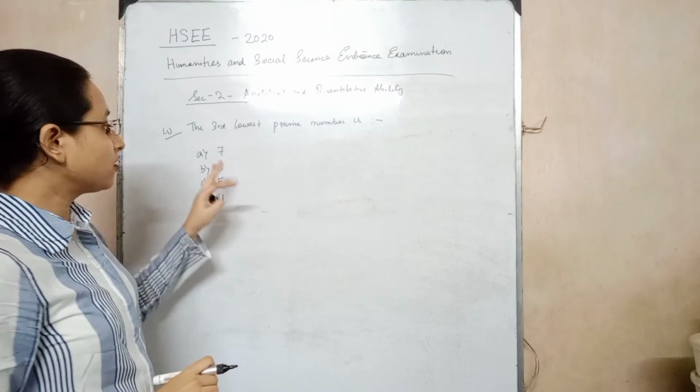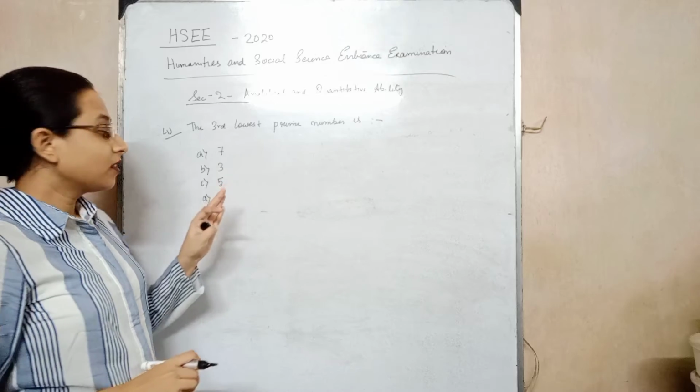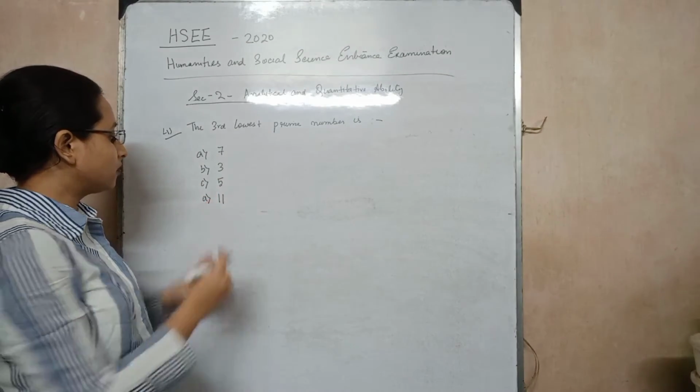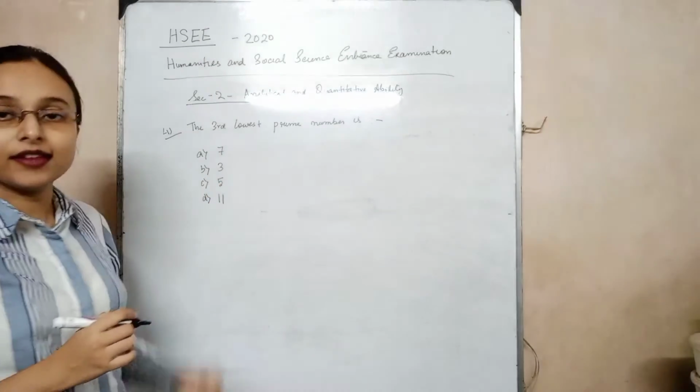Okay, the first option is 7, second option 3, third option 5 and the D option is 11.